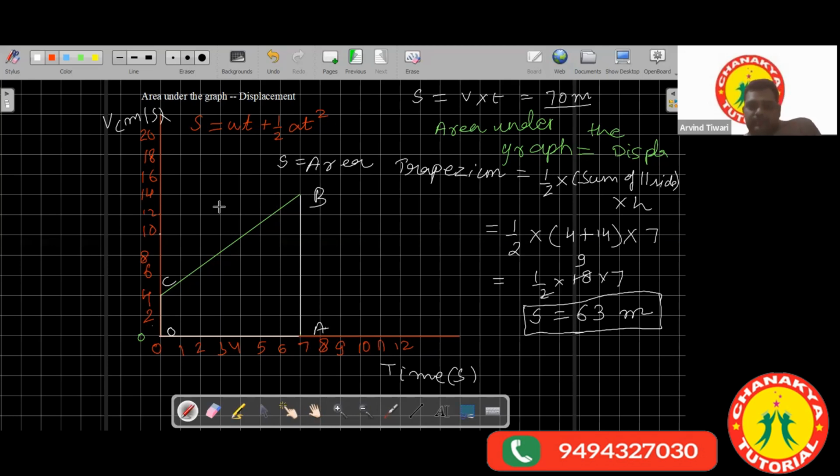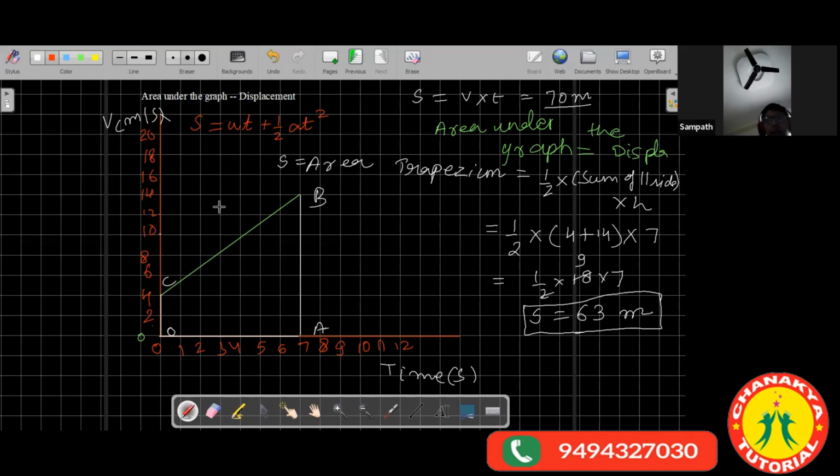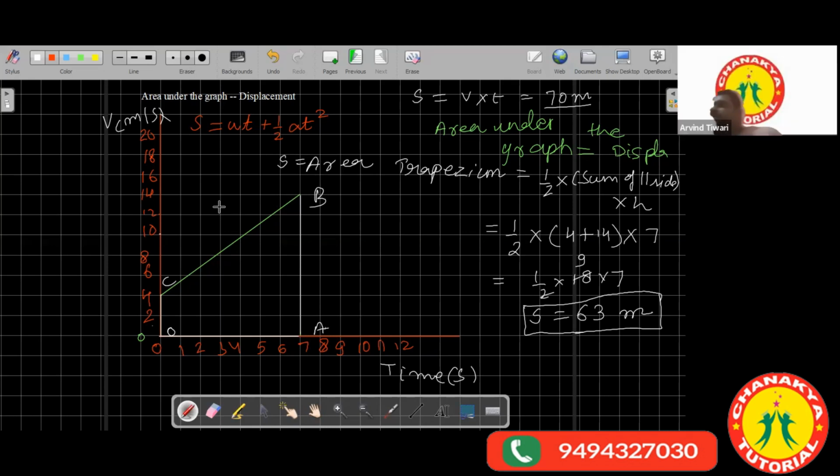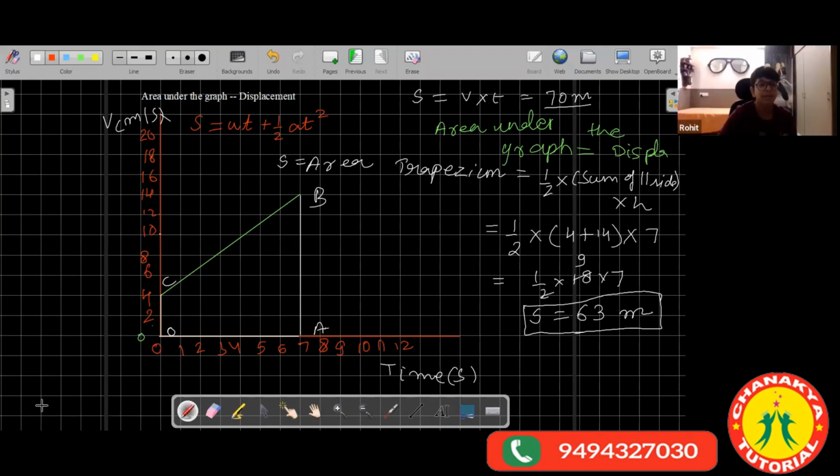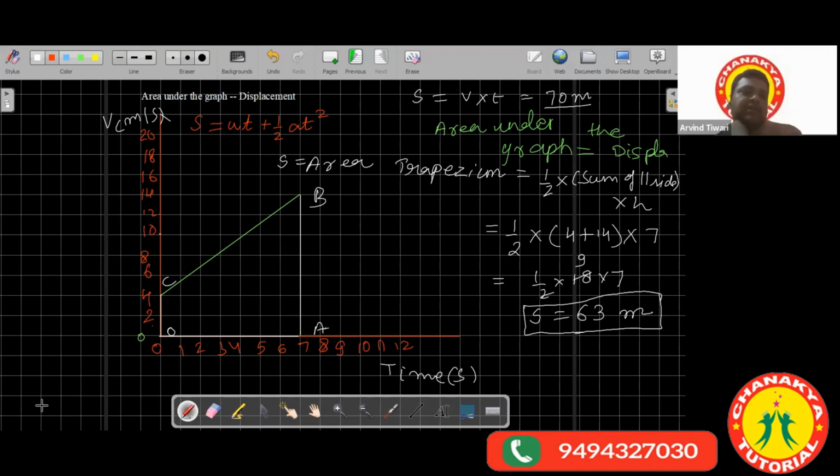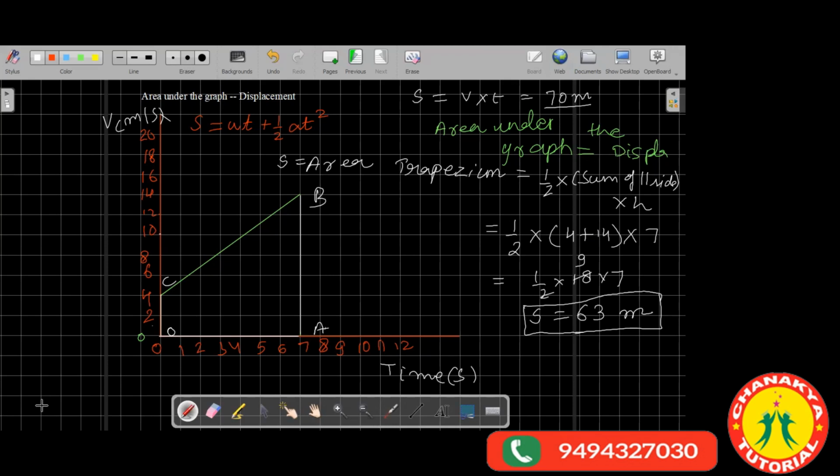Yes, sir, we are getting 63 meters. Are you getting 63 meters? Yes, sir. Let everyone try it out. Rohit, are you getting it? I'm still solving. Jitendra, Akshara, Sampath? Sir, I got 63 meters.